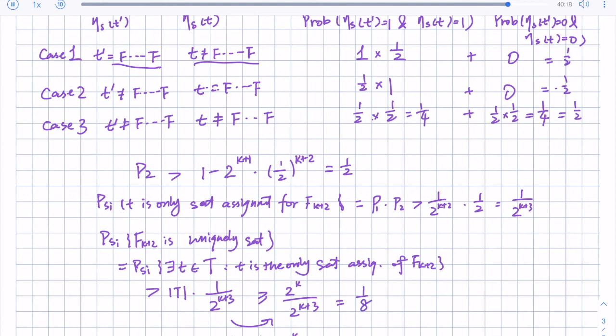So we have shown what we have set out to do, which is showing that when F is satisfiable, then with probability more than 1/8, one of Fi is uniquely satisfiable, which is Fk plus 2 in this case. So by now we have proven the Valiant Vazirani theorem, and how does that relate to what we said in the beginning about the SAT and unique SAT problem?